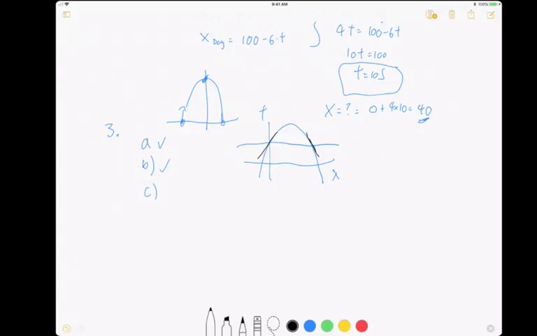And because the parabola has the same shape, this slope is the mirror image of this one. So they have the same number but opposite sign. So the speed is going to be the same. If it's traveling at a speed of 3 meters per second 2 seconds before it reaches the apex, it'll be traveling the same speed 2 seconds after the apex. Yeah, did we just say that? Oh, I think we just said that.